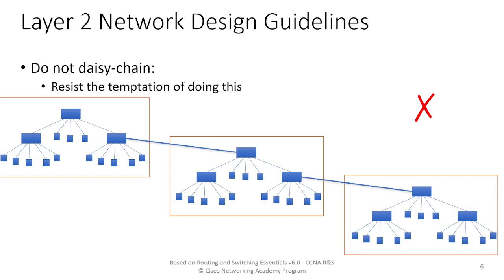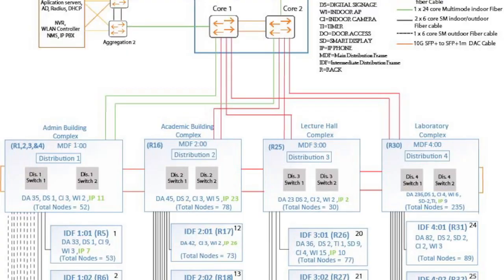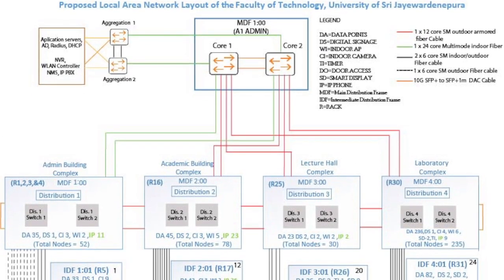One thing that we would always want to avoid in our network designs is the type of daisy chaining that we may see in certain environments. Because sometimes it's much easier to connect, say, even in our case, if we look at these buildings physically, for example, these 4 buildings are organized in this order.